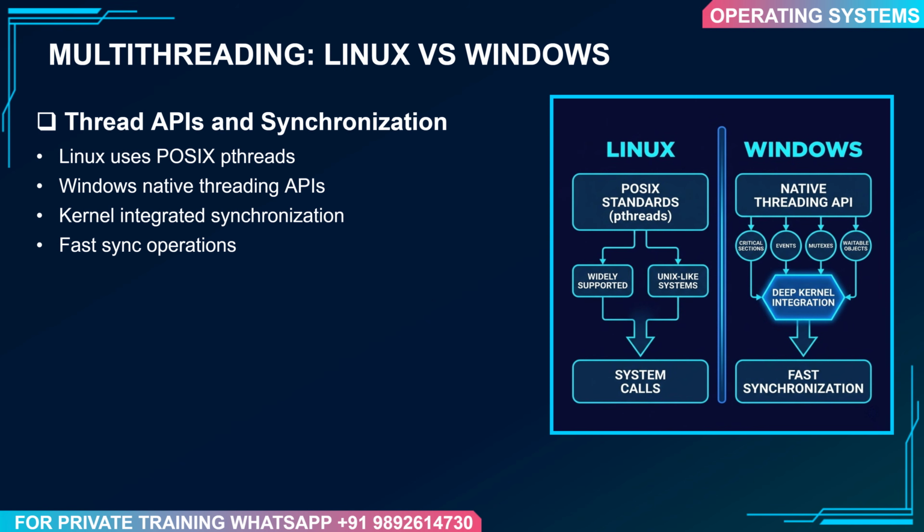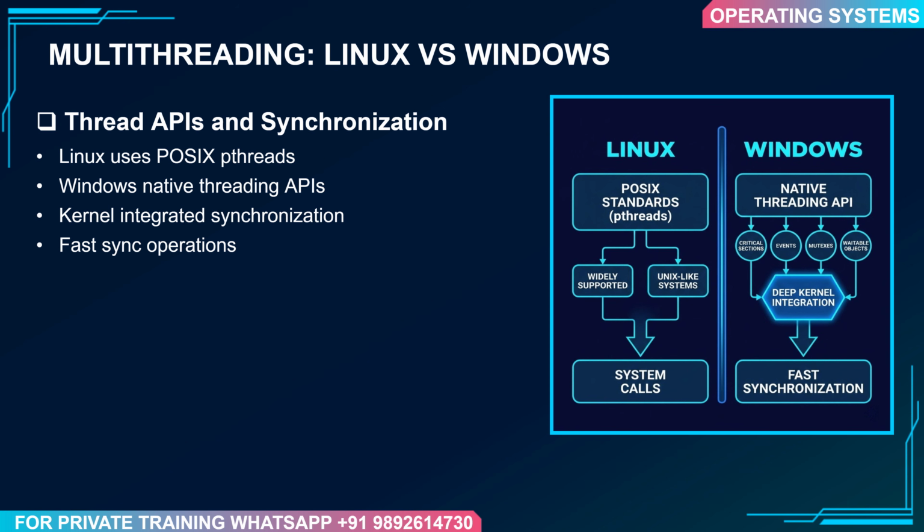Another key difference lies in thread synchronization and system calls. In Linux, thread related operations often use POSIX standards, such as pthreads. These are widely supported across Unix-like systems. Windows, on the other hand, provides its own native threading API. Concepts like critical sections, events, mutexes, and waitable objects are deeply integrated into the Windows kernel.